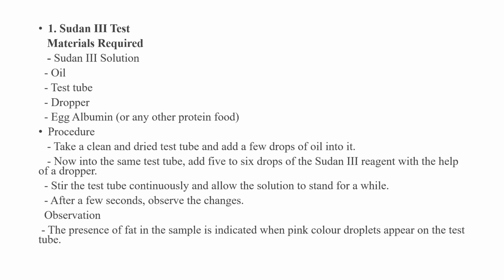You may use a dropper. Then stir the test tube continuously, and allow the solution to stand for a while. After a few seconds, you observe the changes, and you will see that the solution has changed to pink color, and this pink color, or pink droplets, shows that fat and oil is present.